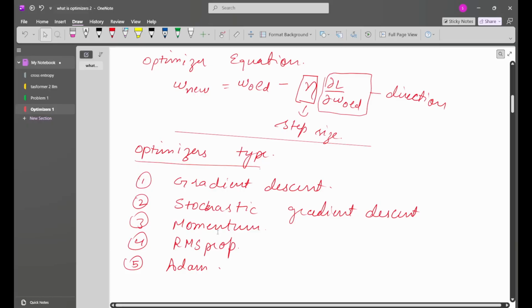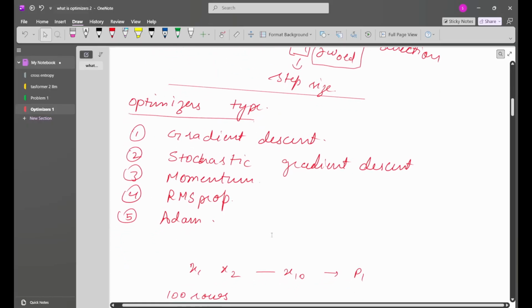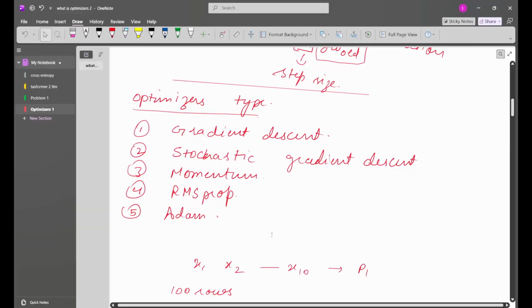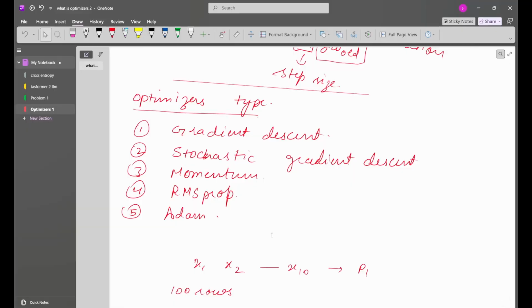Then came momentum, which controls the speed of stochastic gradient descent and removes noisy updates. And then RMSprop came with the idea that the same learning rate in all directions at every step is not so good. We need to control the step size. Sometimes we need larger steps, sometimes smaller steps. So that is why RMSprop came.